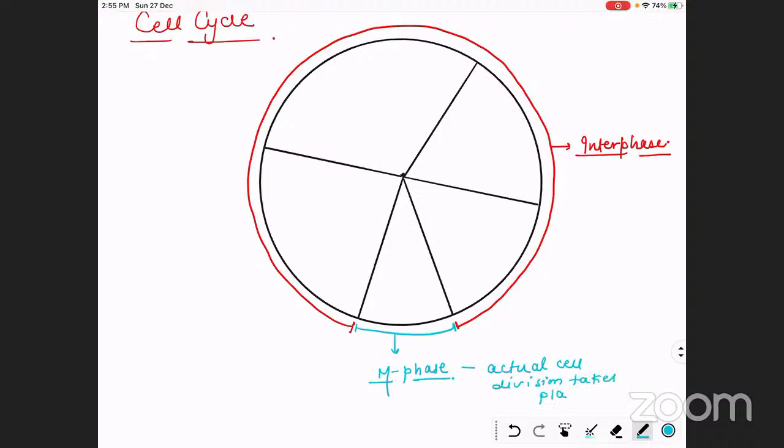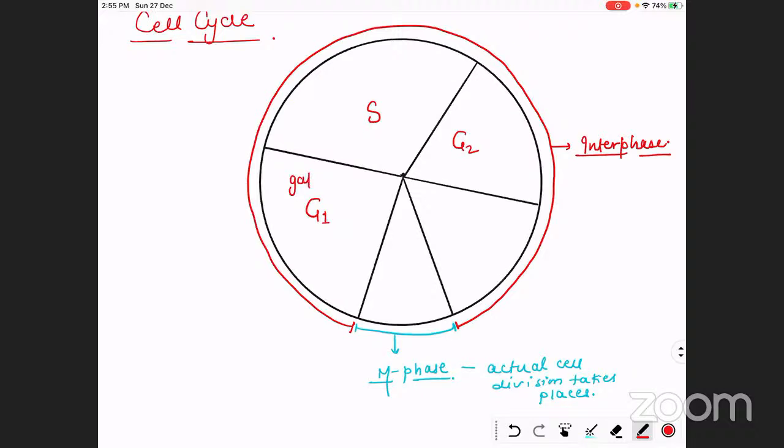यहाँ पर हम कोई स्पेसिफिक बात नहीं कर रहे हैं माइटोसिस मेयोसिस की, अभी हम सिर्फ फेजेस की बात कर रहे हैं कि एक साइकिल में कौन कौन से फेज आते हैं. ठीक है. Next, the interphase is divided into three different phases: G1 phase, S phase, and G2 phase.